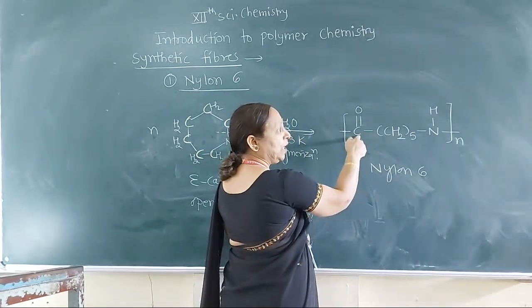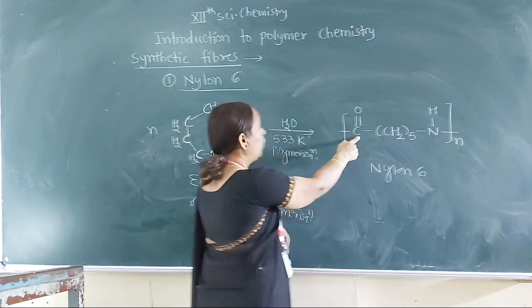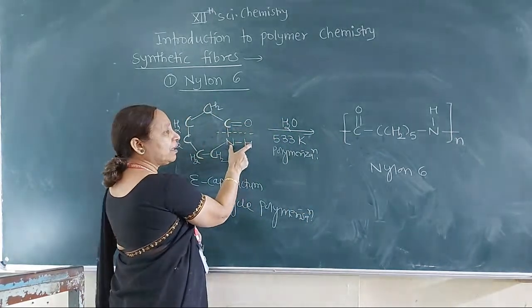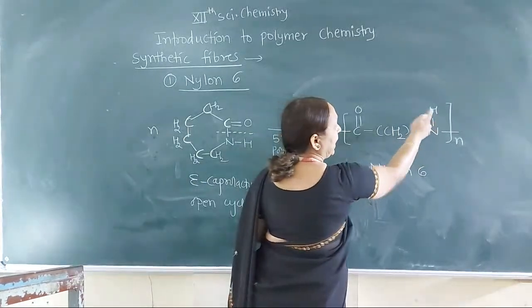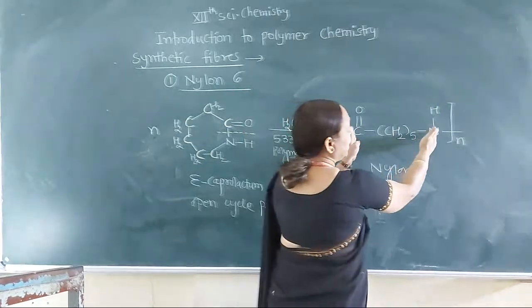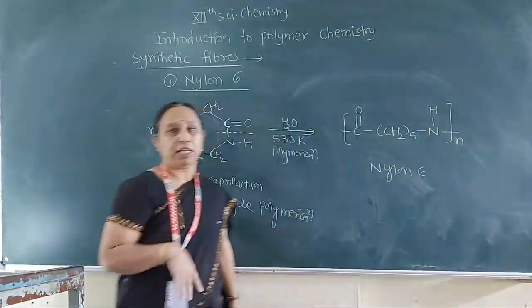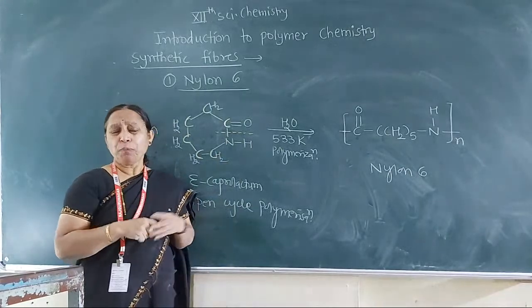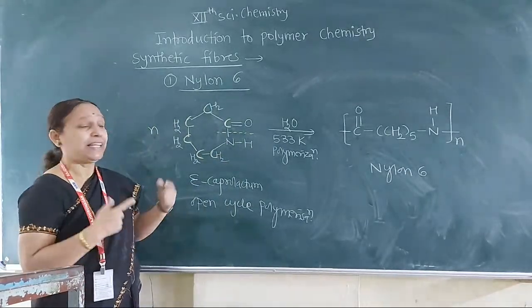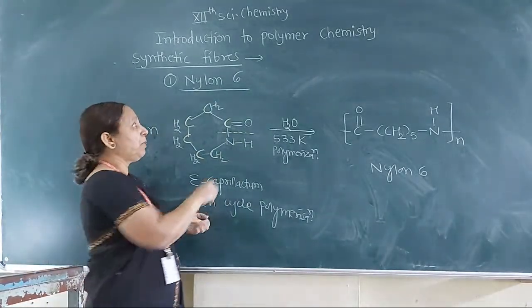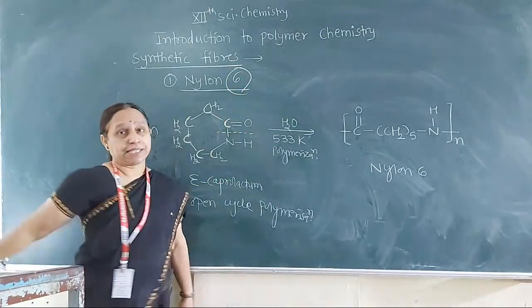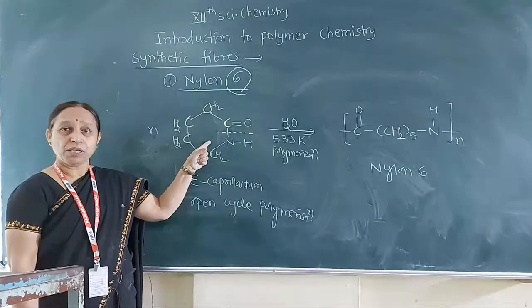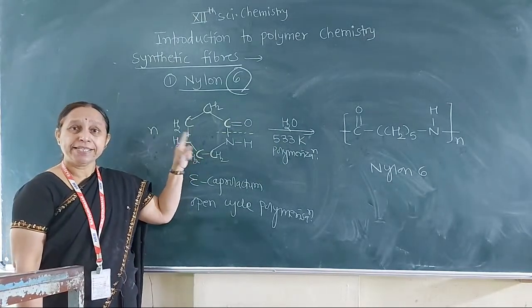At one terminal you have to write C double bond O. At another terminal you have to write NH, and in between these two there are 5 methylene groups. So preparation of nylon 6 is very simple, and remember why this is. It is related to the number of carbon atoms which are present in its raw material.